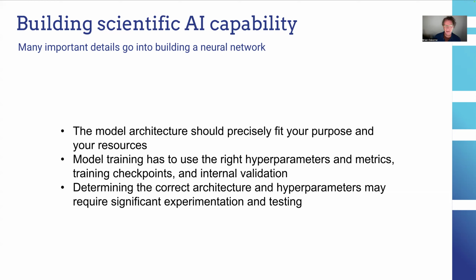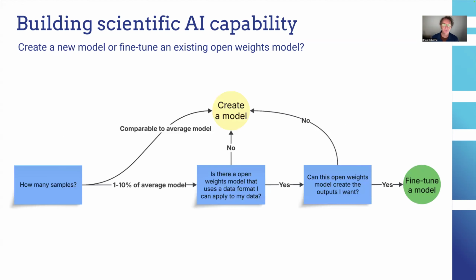And these determinations, meaning the architecture of the model and the hyperparameters, might require significant experimentation and testing on your part in order to determine exactly the right set of values, really depending on what kind of training you're doing. In some cases, the models might be well established, the approaches might be well established, but if you're dealing with interesting or novel data sets, you might spend a fair amount of time testing and training.